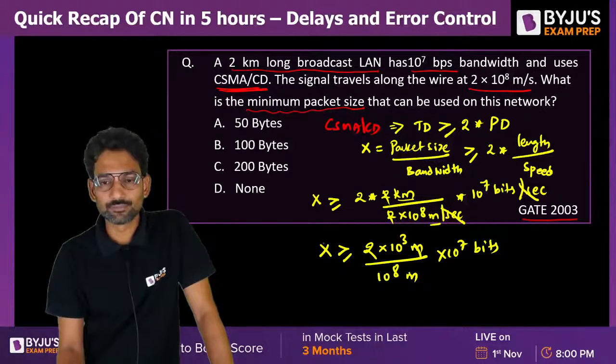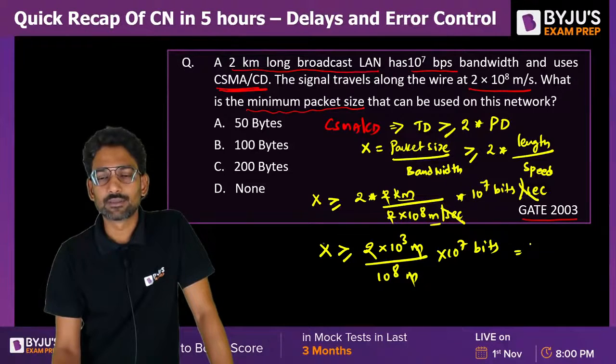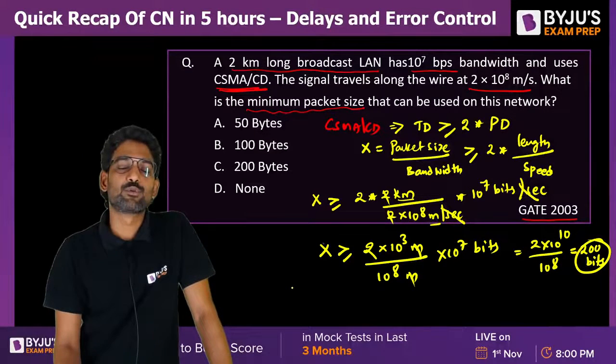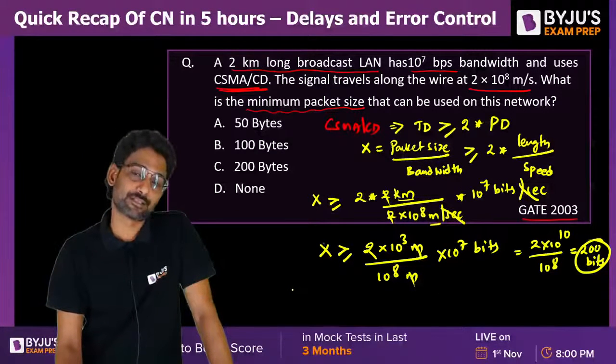So now I have 2 into 10 raised to 10 divided by 10 raised to 8. This is 200 bits. So dear friends, I have got 200 bits.